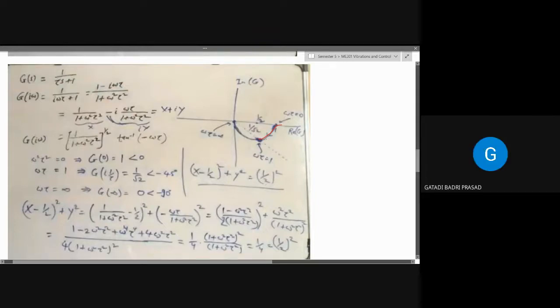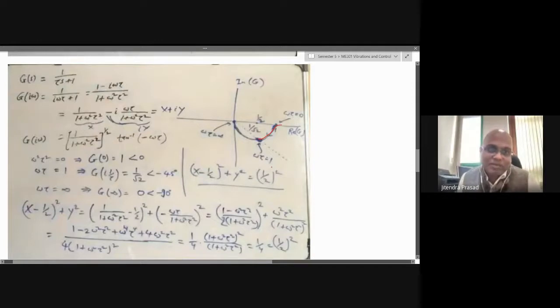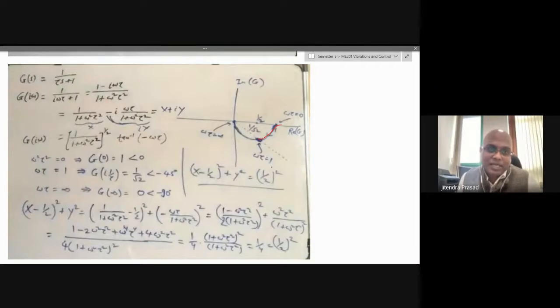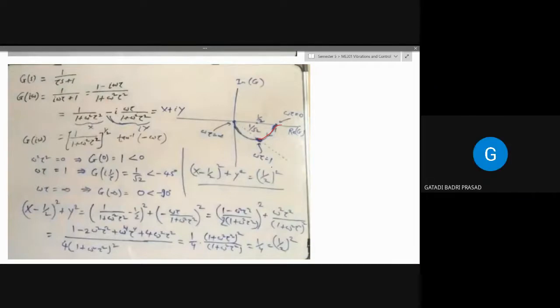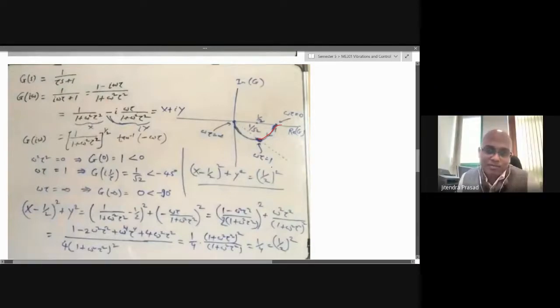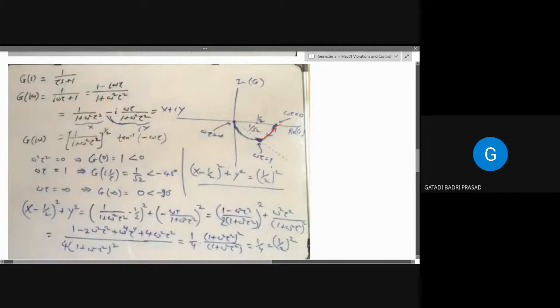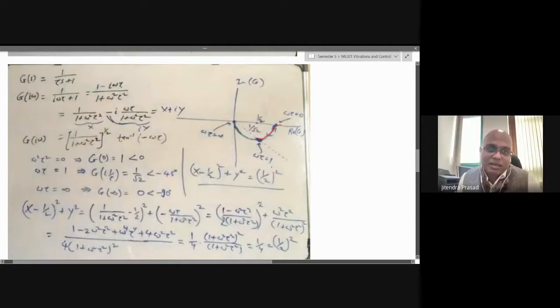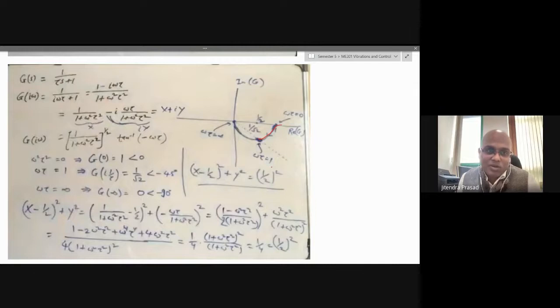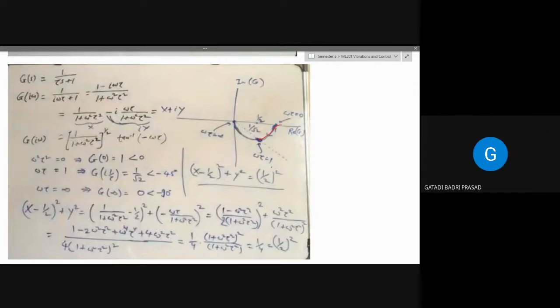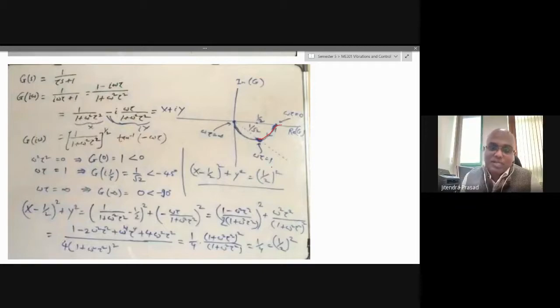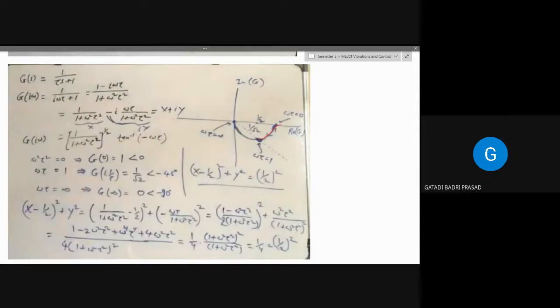The expression is 1 over j omega tau plus 1, right? That means you are changing omega and you are drawing it, right? Yes, sir. So you unshare it. I will follow up from here. Okay, sir. Thank you, sir.